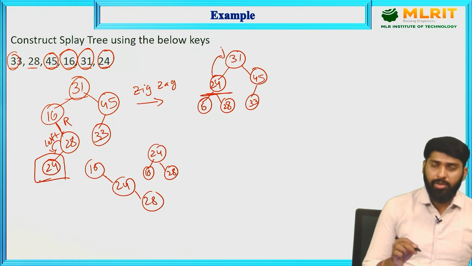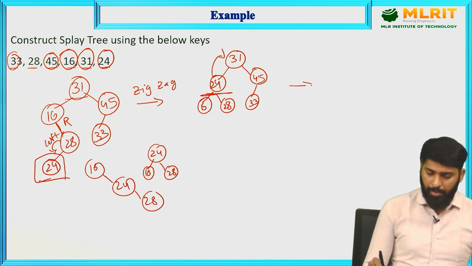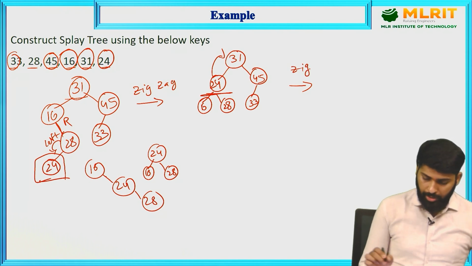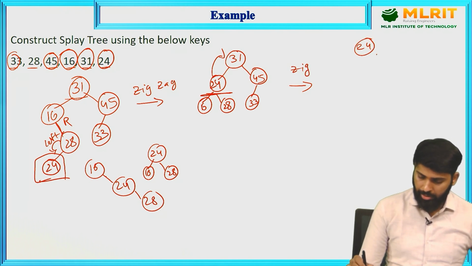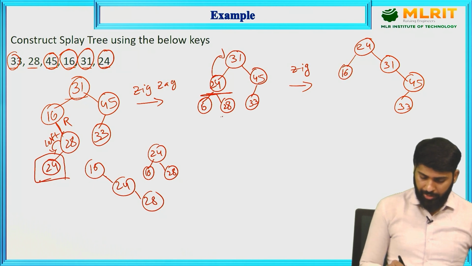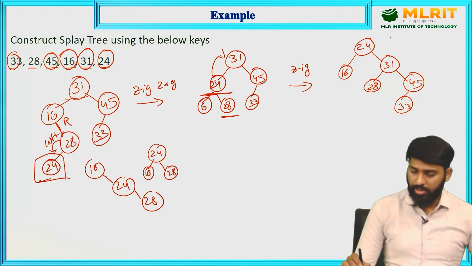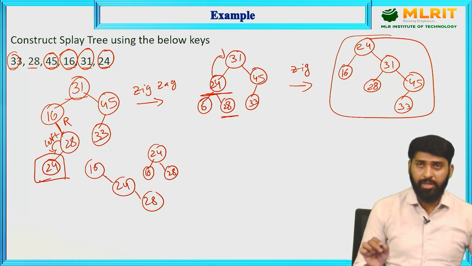If you rotate to the right side, 24 becomes the root. So, apply the zig operation and it becomes 24, 31, 45, 33 and 16, and 28 is the left child of 24. Now, 24 is the root. 28 becomes the left child of 31. This is the resultant tree after inserting 24.